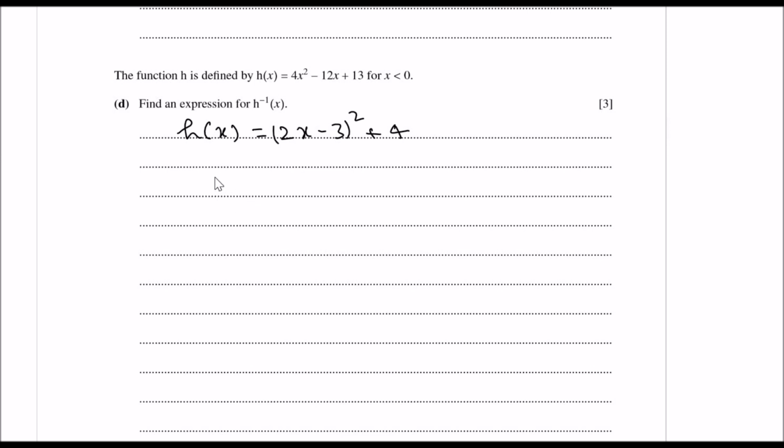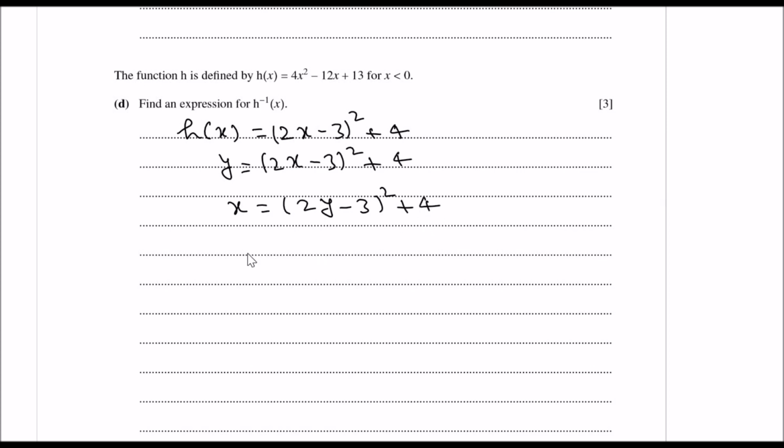Now this can be written as y = (2x − 3)² + 4. Now let us replace x and y. We are swapping x and y, so we get x = (2y − 3)² + 4.